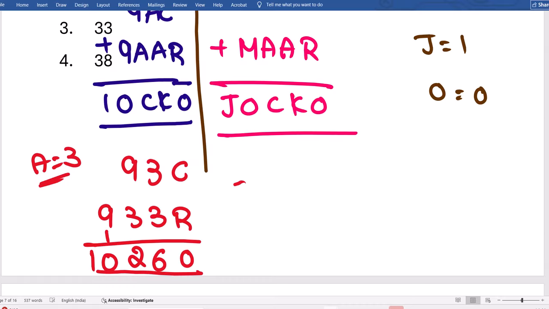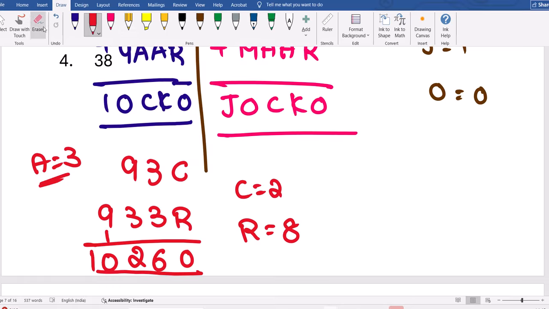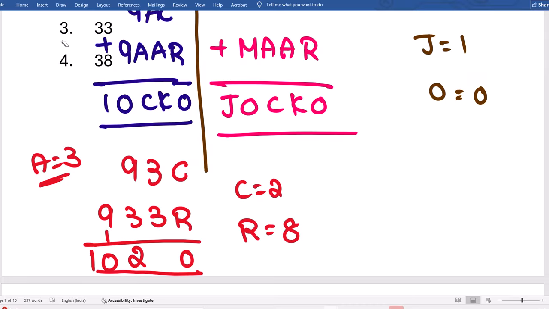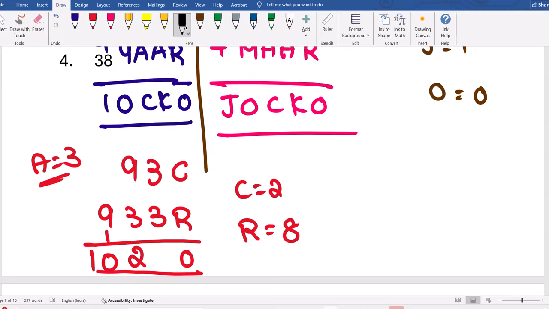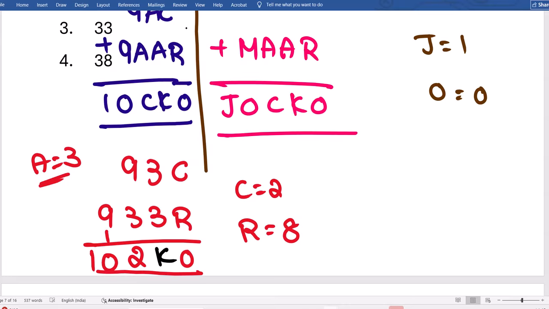Then it should give C value 2. Automatically R must be 8. Then K value 7 will come. We cannot decide K before that; K I'll put it just like that. Then K will be 7. You check this. Is there any violation of the rules?